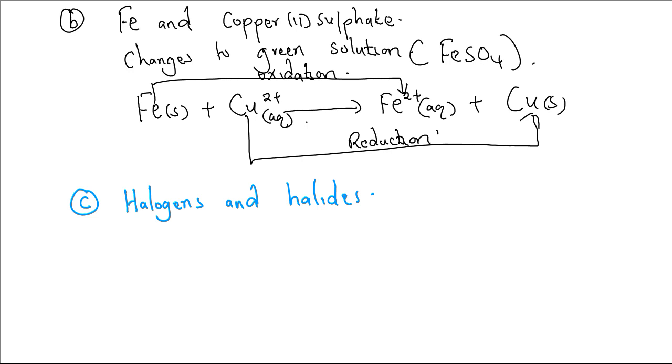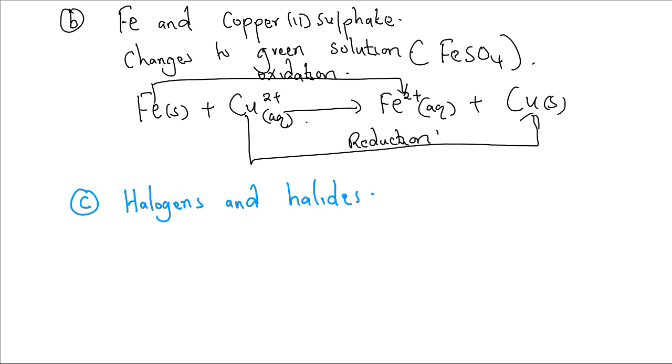Chlorine gas is more reactive than bromine, hence it will accept electrons from bromide ions to form chloride ions, and in turn the bromide ions will be oxidized to bromine, and that is why we are getting the orange color.